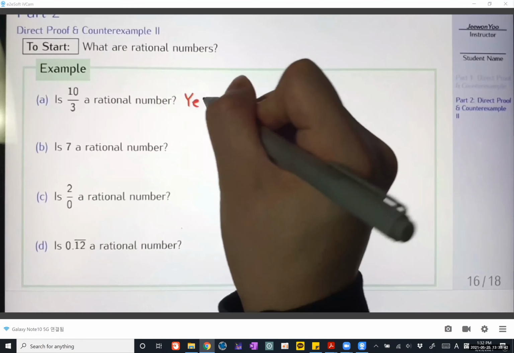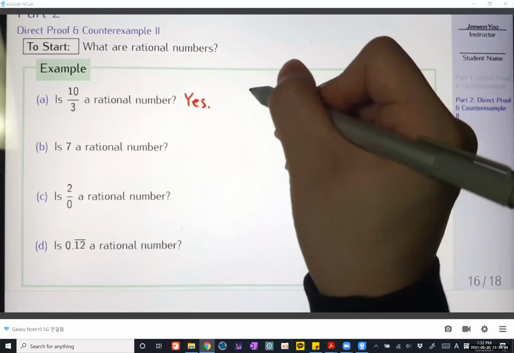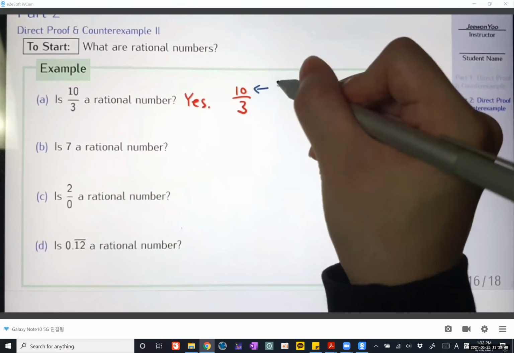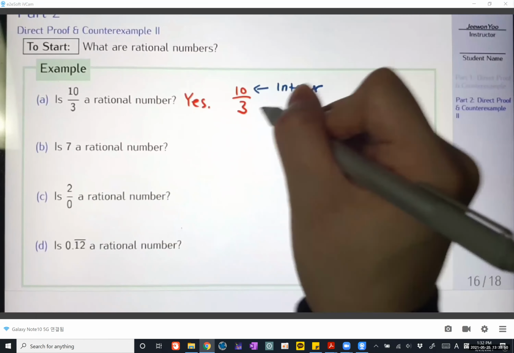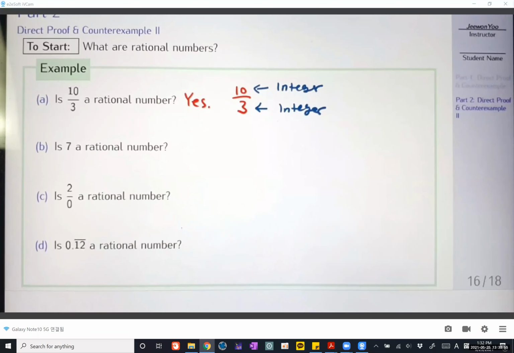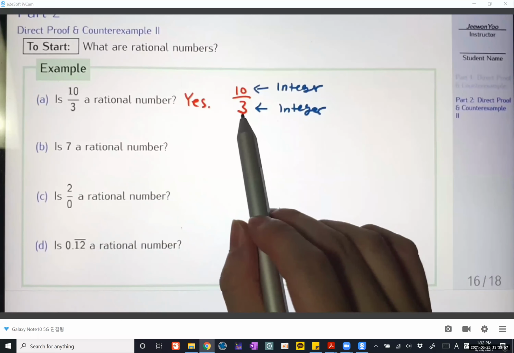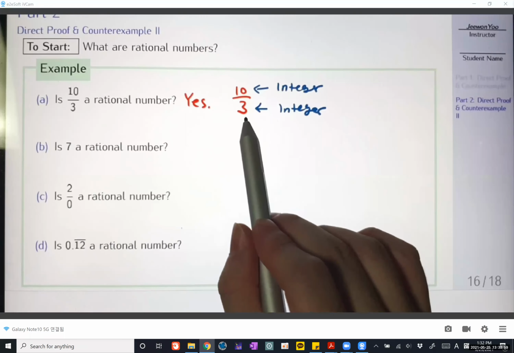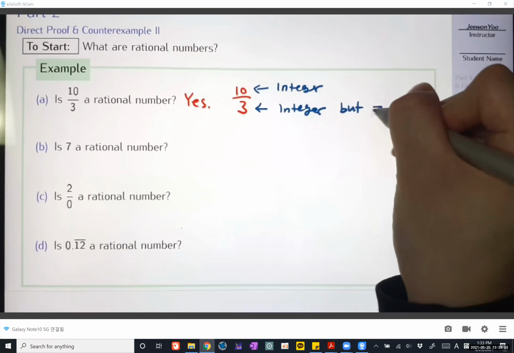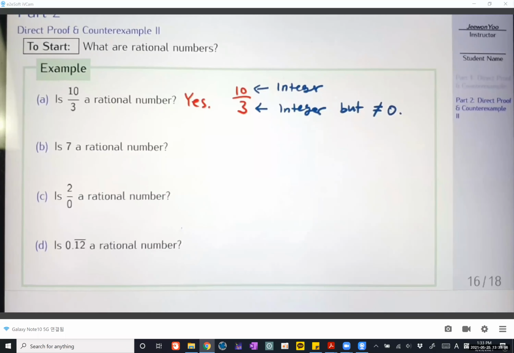Yes, it's a fraction. It's a rational number. Why? Because the numerator is an integer, and the denominator is also an integer, but the denominator cannot be zero. That's why.